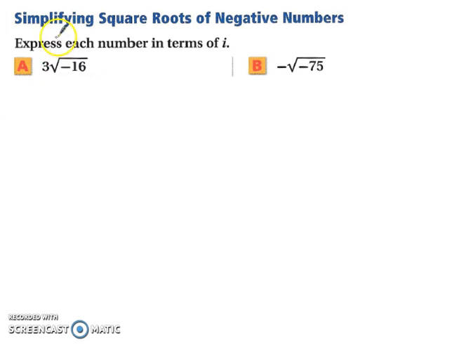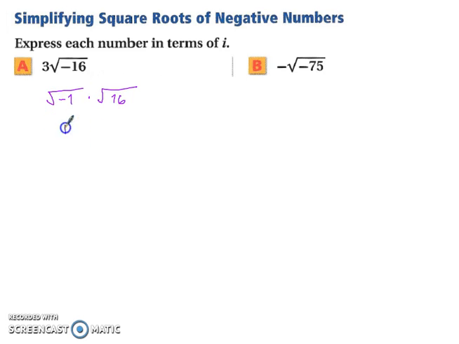Let's practice. We're going to express each number in terms of i. We're going to ignore the 3 in front for a little bit, and deal with what's underneath the square root. We can rewrite the square root of -16 as the square root of -1 times the square root of 16.